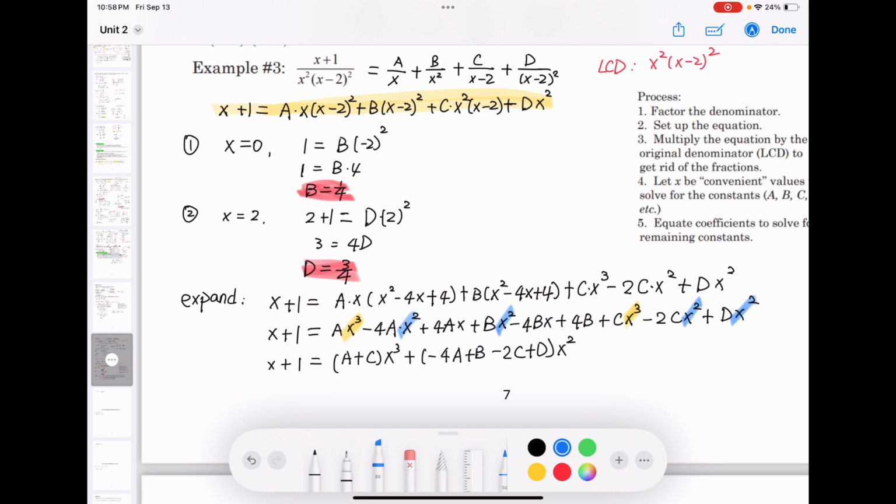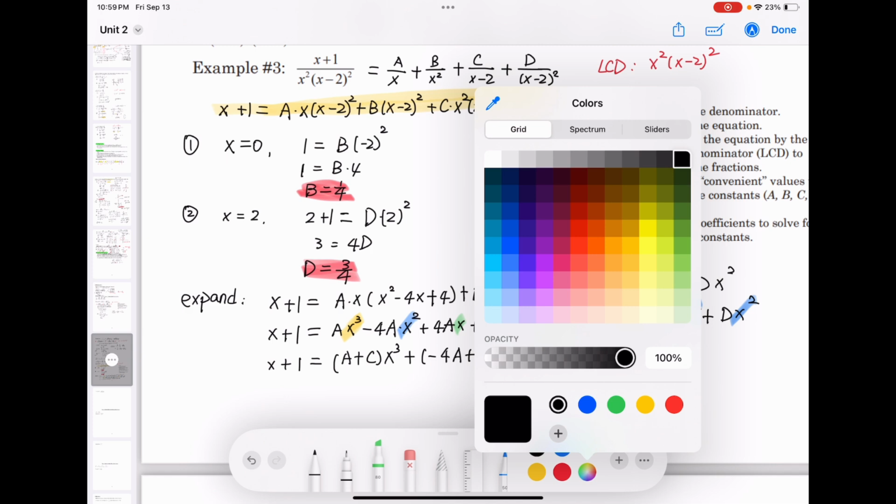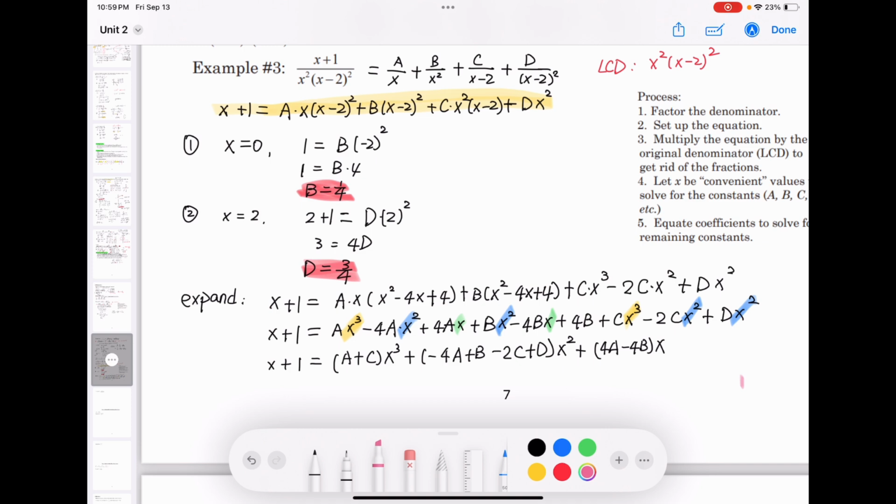Then we combine the x terms: 4a minus 4b, times x. The last term is a constant term. Let's use pink: 4b. Yes, that's 4b only. So plus 4b.